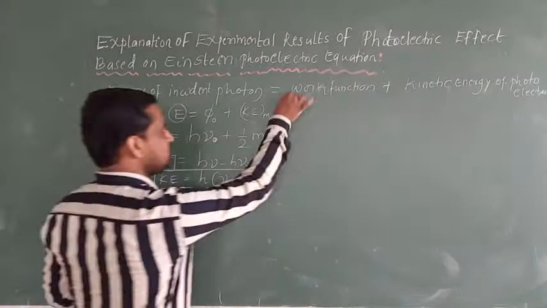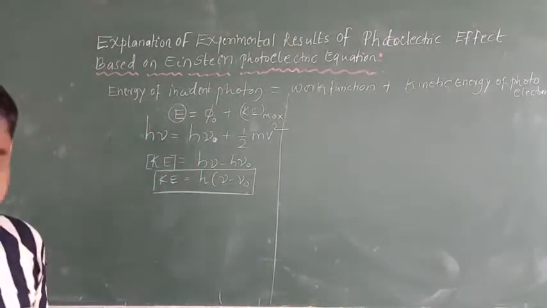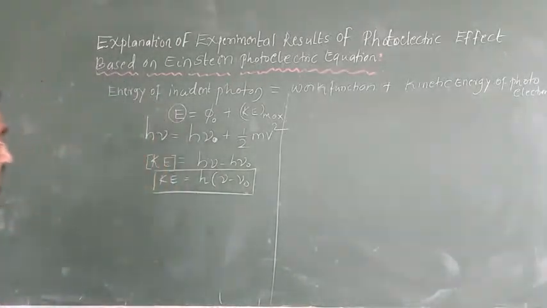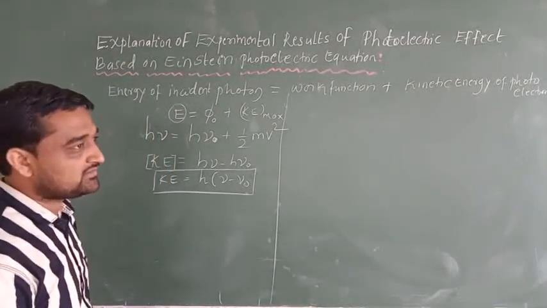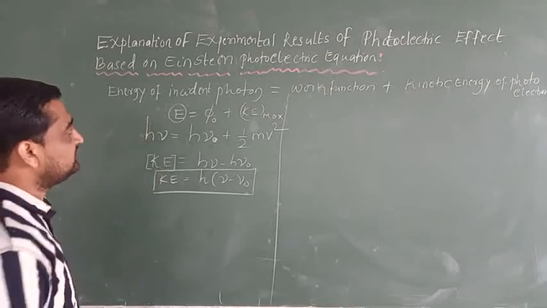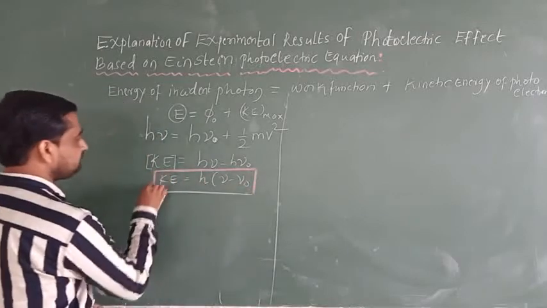Now let us explain one by one the experimental results of the photoelectric effect, the 5 experimental results we have discussed. Let us discuss the explanation for the experimental results of the photoelectric effect based on this photoelectric equation. So this is the kinetic energy.